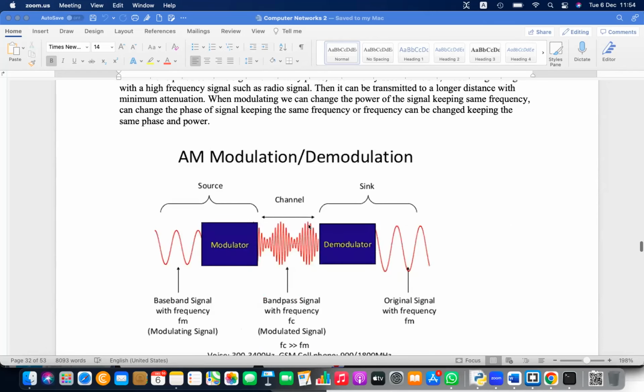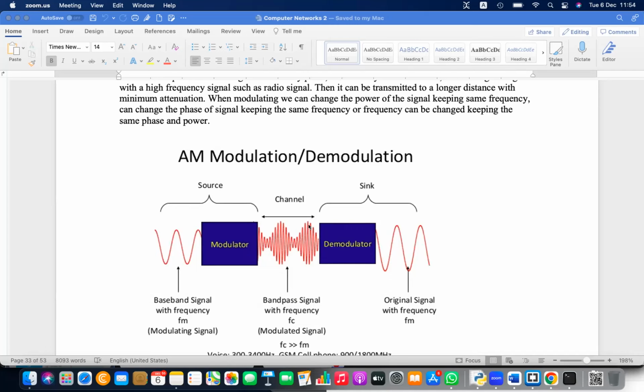Right now we know how to convert the signal, how to digitize it, and how to make it back to analog, and the importance of the sampling rate as well as the importance of the quantization levels. Okay, the problem is how can we send this to a faraway place? Then you have modulation and demodulation in place.